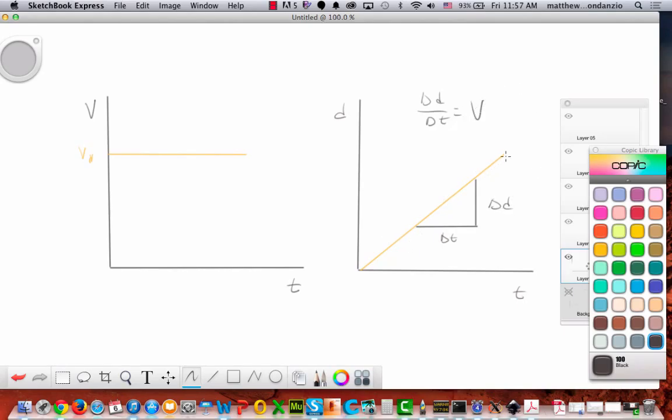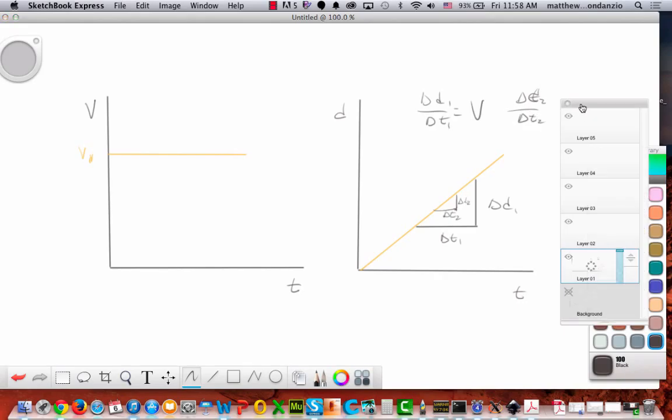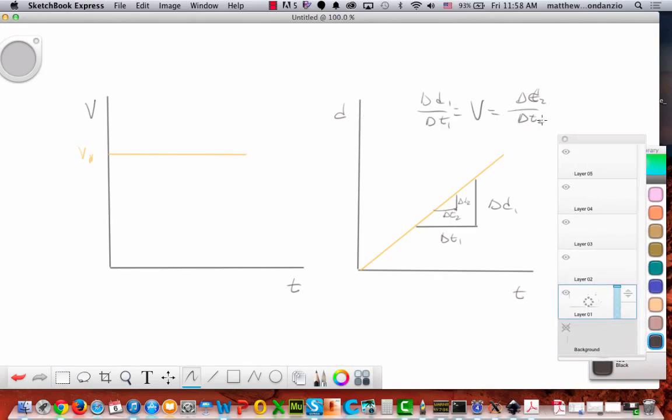If this slope never changes... let's say delta D1 over delta T1, and delta D2 over delta T2. Are those things the same or not? Okay, good. It's constant, it's the same.